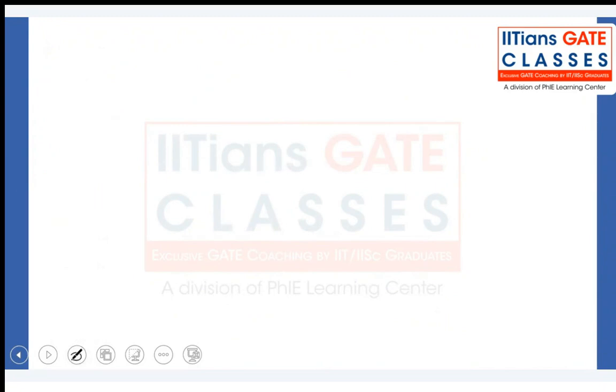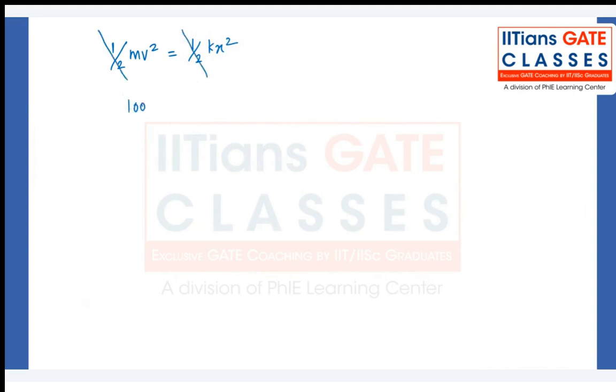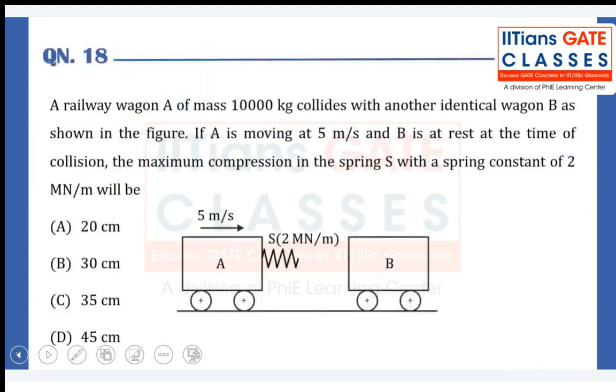So we can conclude that the kinetic energy of the railway wagon will be half of mv square, and that energy will be stored in the spring, and this energy stored in the spring will be half of kx square after the collision. So you can cancel the half part. The mass is 10,000. Velocity is 5 meters per second.